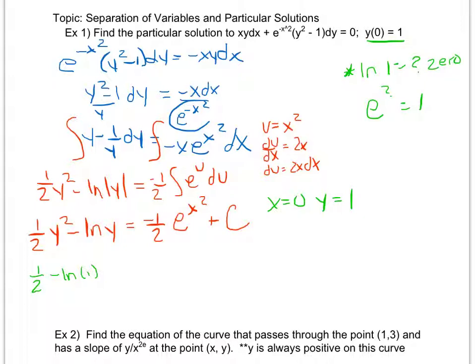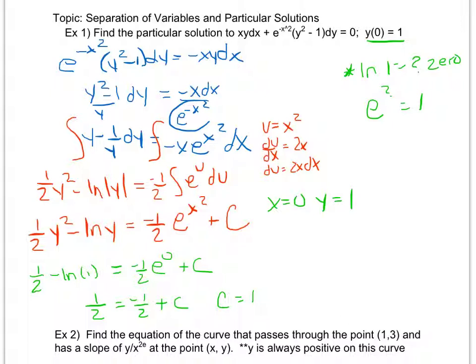Finishing this, it equals negative 1/2 e to the, x was 0, so 0 squared is 0, plus c. As I said before, the ln of 1 is going to drop out and become 0. E to the 0, of course, is going to be 1, so I will have 1/2 equals negative 1/2 plus c. Solving for c, I get c equals 1.